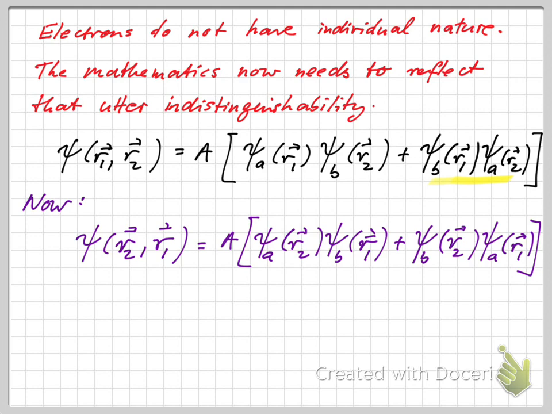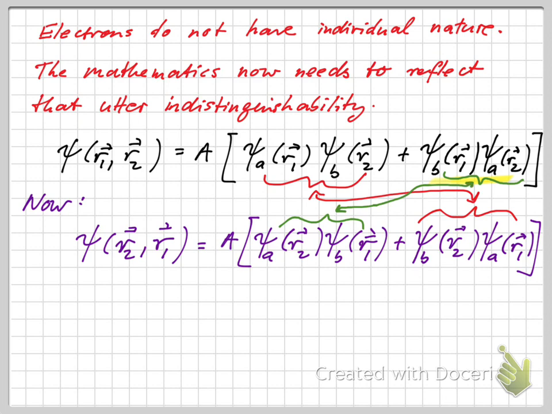Okay, and so if you then just go in and everywhere you see an R1, you replace it with an R2, and everywhere you see an R2, you replace it with an R1, you get basically the purple expression here, and what you see then is actually that the two expressions are the same. There's no difference. It's just the order in which those appear is switched, but the final result is the same.